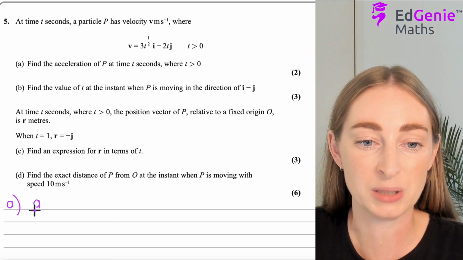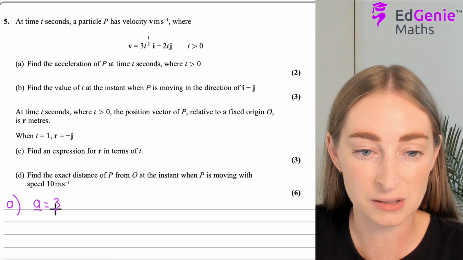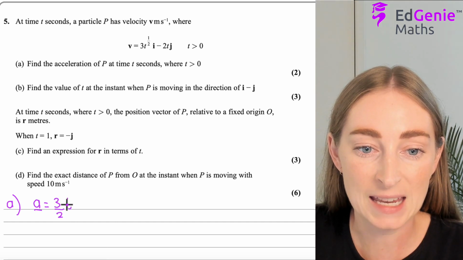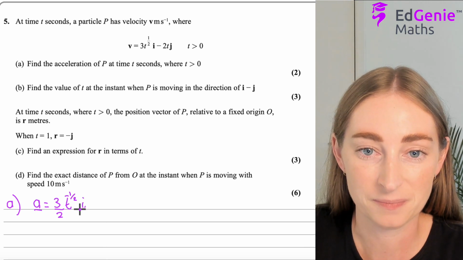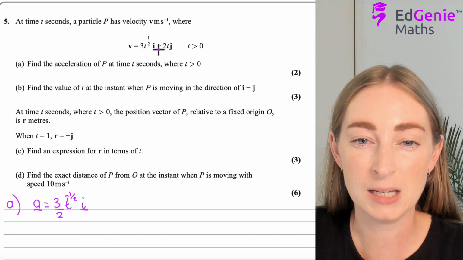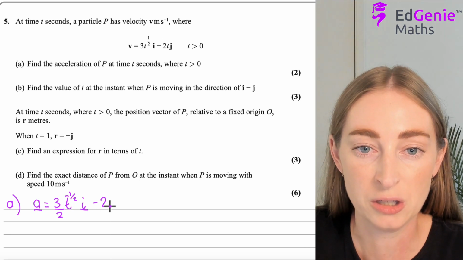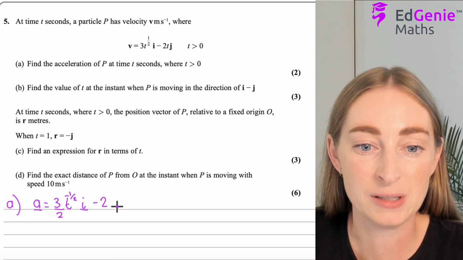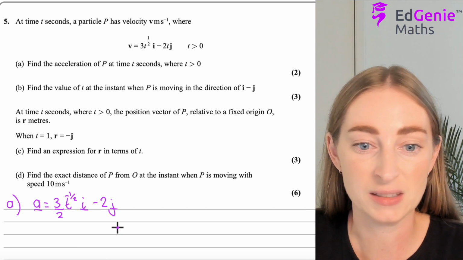So to do that, we're going to need to differentiate. So 3 times a half is 3 over 2, and then take away 1 from the power. It's going to be minus a half. And then minus 2t, so multiply by 1, which is minus 2, and then take away 1 from the power, so it's just going to be minus 2i. And that's it for A.